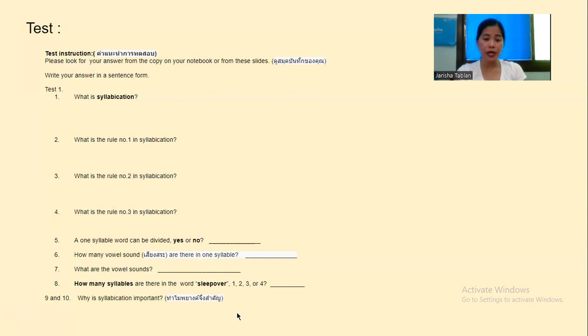So you read it, you write it here. Do not write in Thai, write in English. If you do not know how to write in English, you can write in Thai and then translate into English. Again, do not write in Thai, write in English.